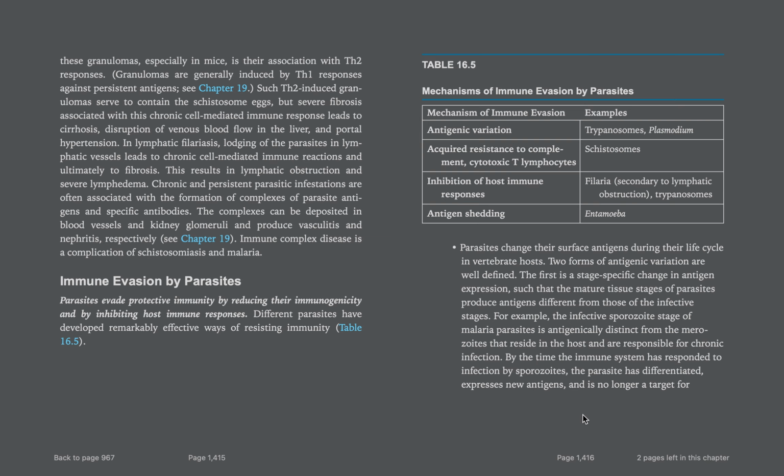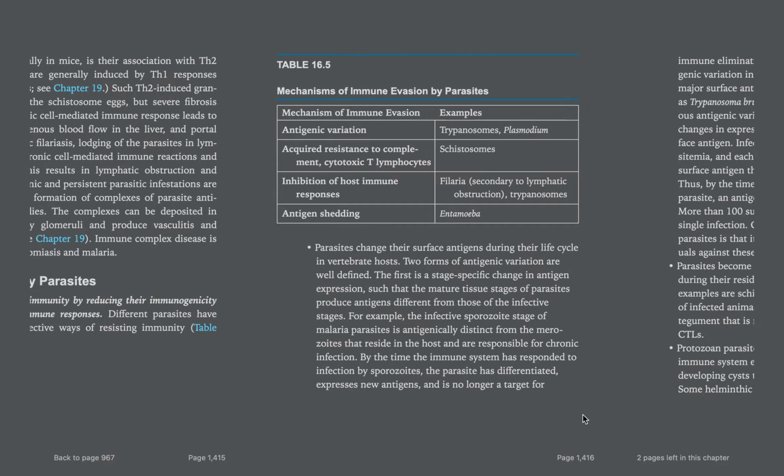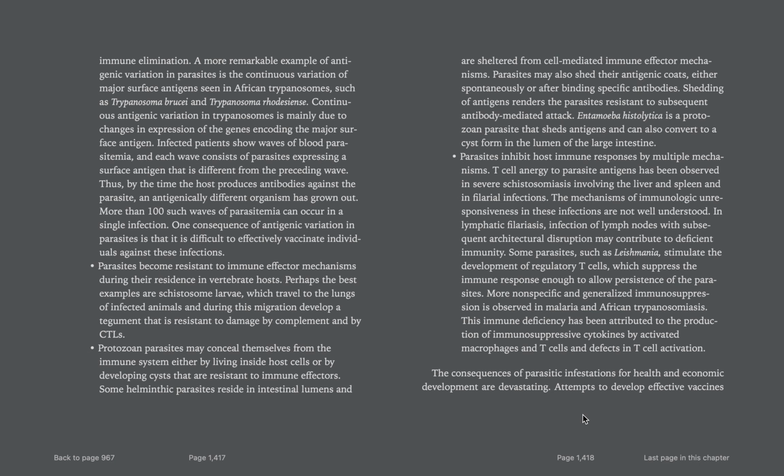For example, the infective sporozoite stage of the malaria parasite is antigenically distinct from the merozoite that resides in the host and is responsible for chronic infection. By the time the immune system has responded to infection, the parasite has differentiated, expressing new antigens, and is no longer a target for immune elimination.